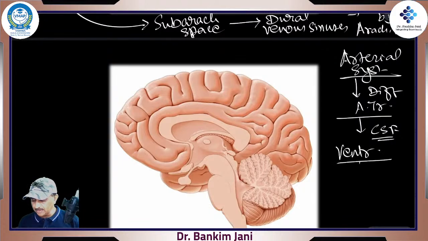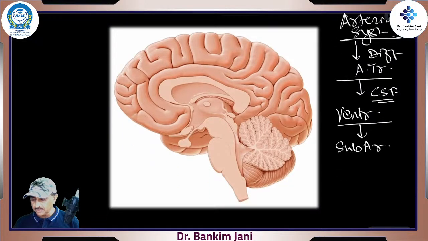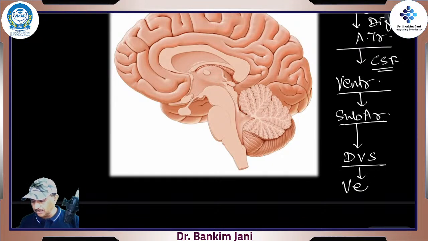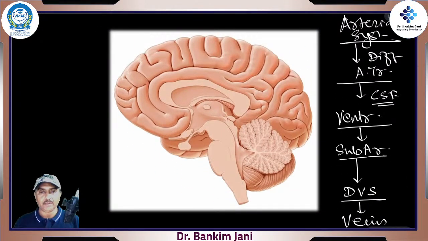Through the ventricular system, it goes into the subarachnoid space, giving nutrition, giving protection, and since there are no lymphatics, picking up the waste products, and then finally draining into the dural venous sinus and going into the veins. And once it is in the vein, the body has its own system for all this waste removal, especially the liver, etc. They will be taking care of it. So this is how the entire journey goes.